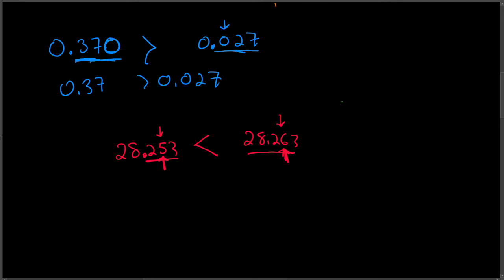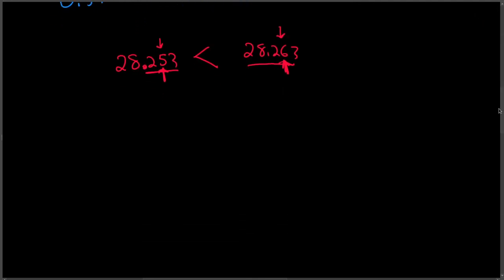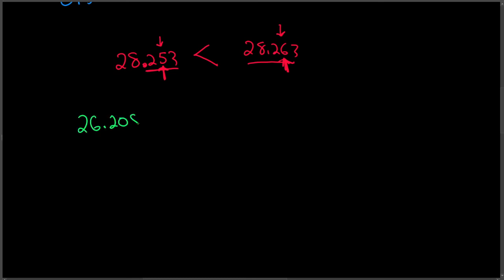Let's look at another one. I'm going to compare 26 and 208 thousandths to 26 and 28 hundredths. Now this has 3 decimal places. This only has 2. So to compare, I can put a 0 here.